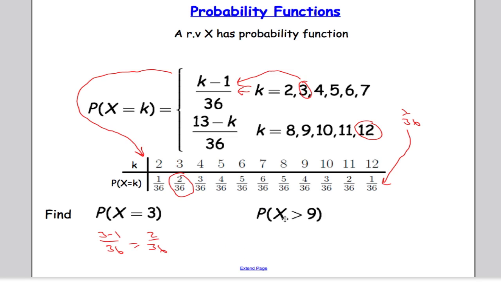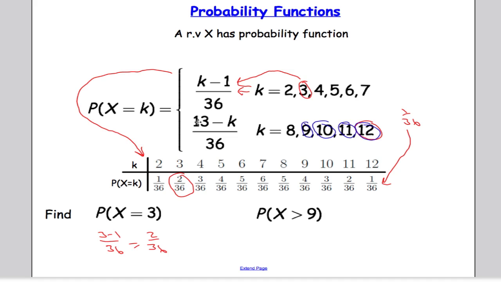What about the probability that x is greater than 9? So that means I need the probability that x is 9 plus the probability that x is 10 plus the probability that x is 11 plus the probability that x is 12. So I'm going to add these all up.